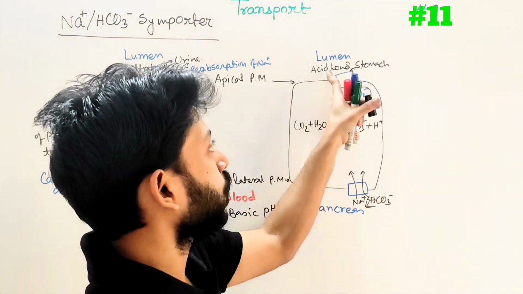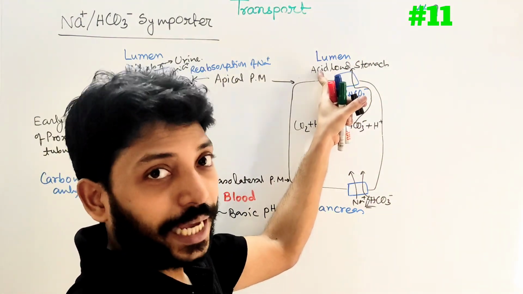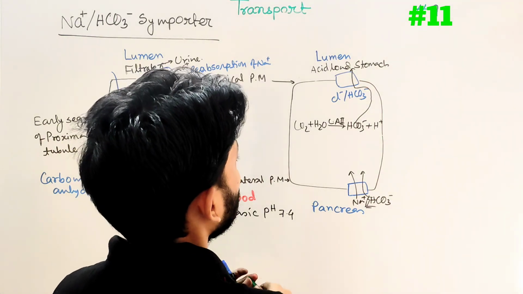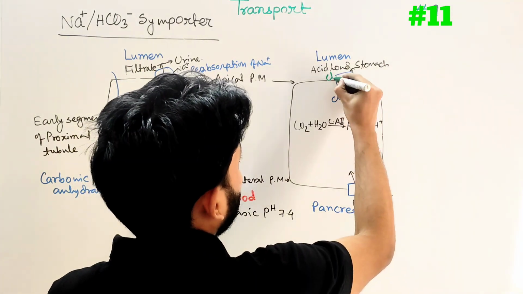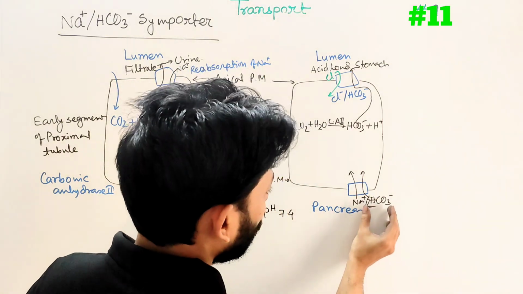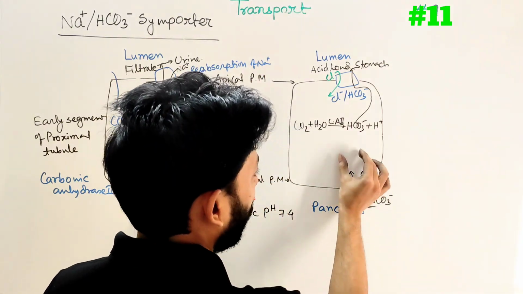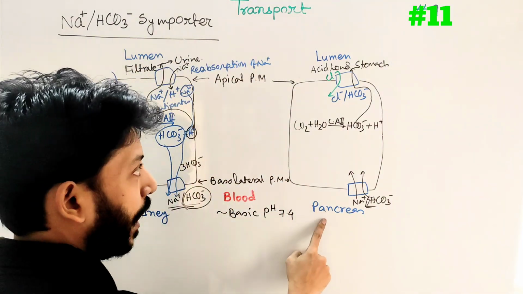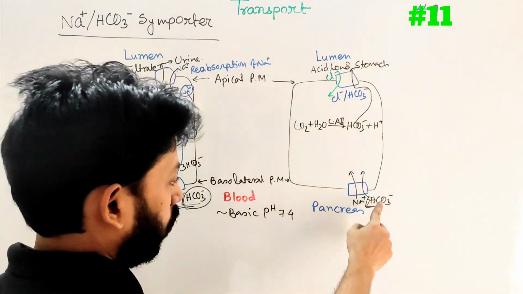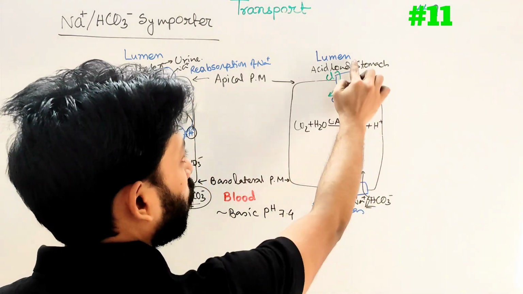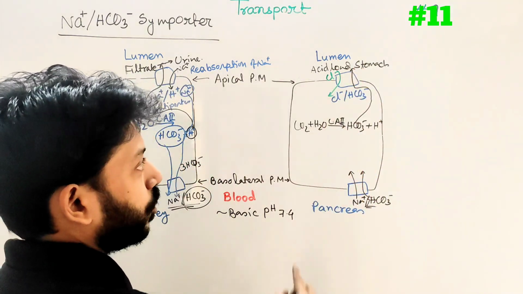So this bicarbonate actually buffers the acid load from the stomach, and 1 chlorine actually enters inside the cell. Okay. And here the bicarbonate and sodium enter inside the cell. So in this way, in case of pancreas, the bicarbonate that enters inside the cells also goes through this antiporter.